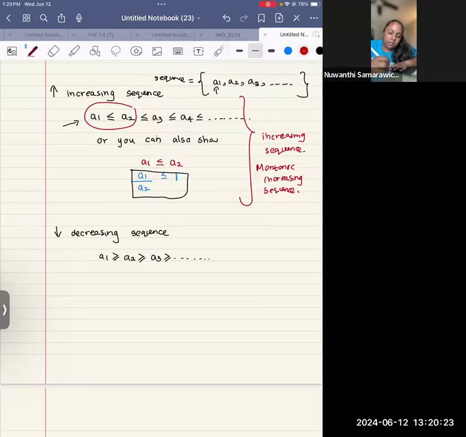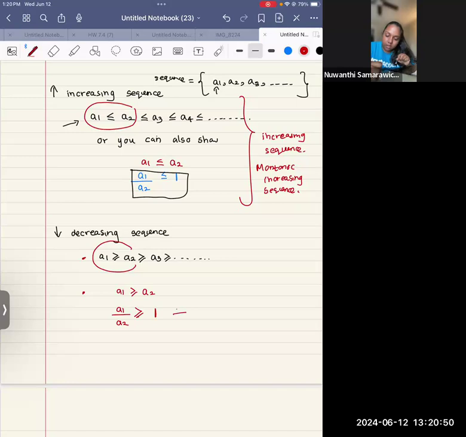Also, if we consider these first two terms, this is one way. If we just consider the first term and the second term, the first term is greater than the second term. If we divide both sides by a sub 2, then also we can say the first term divided by the second term is greater than or equal to 1.